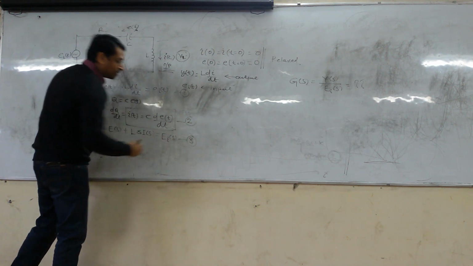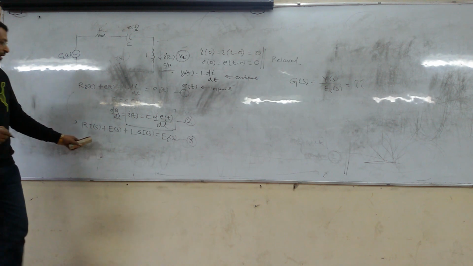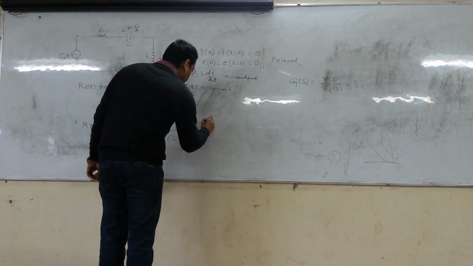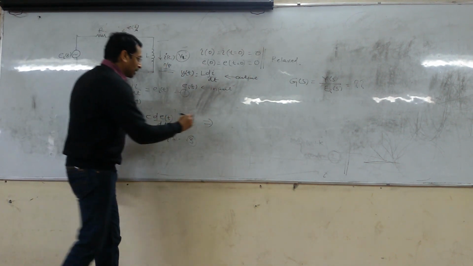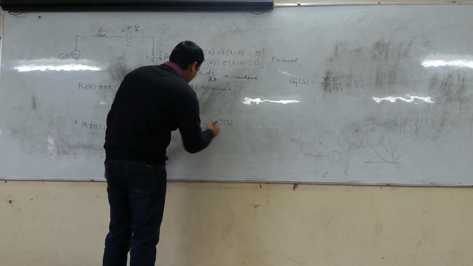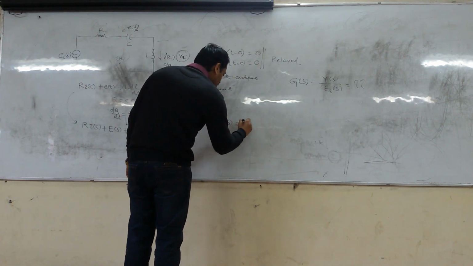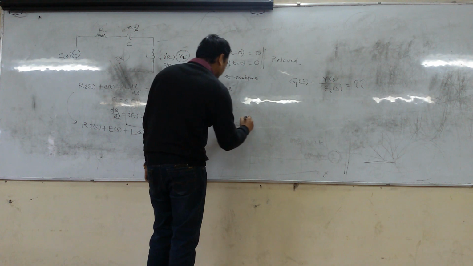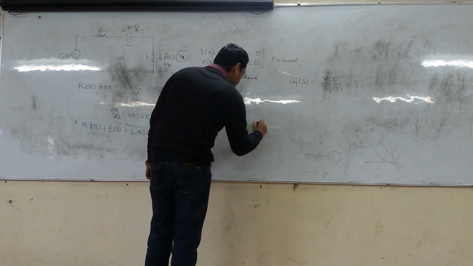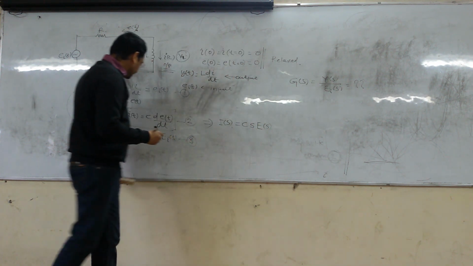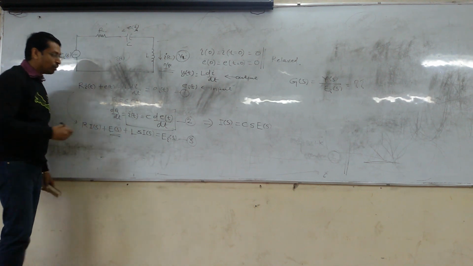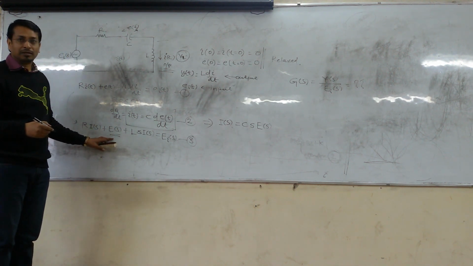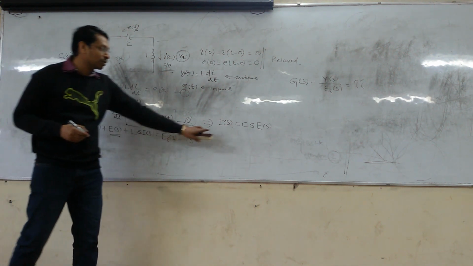You are going to say that this is equation 3. And equation 2 will apply to I(s) will be equal to C multiplied by S into E(s). And E(s) I want to remove from equation 3, so I will take the help of this equation.